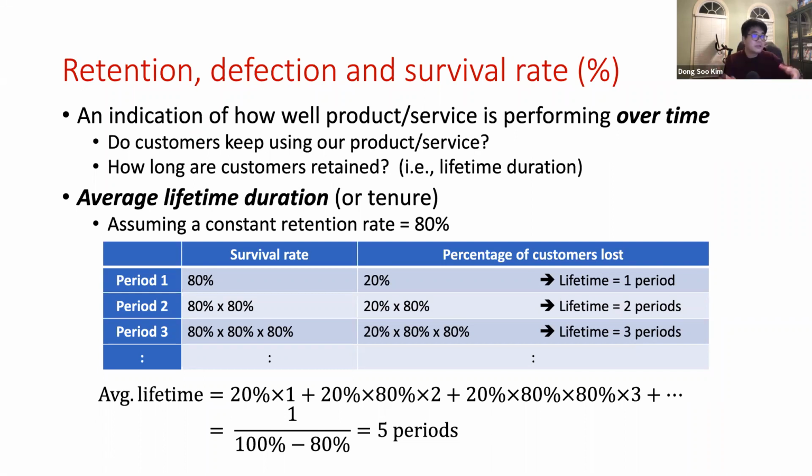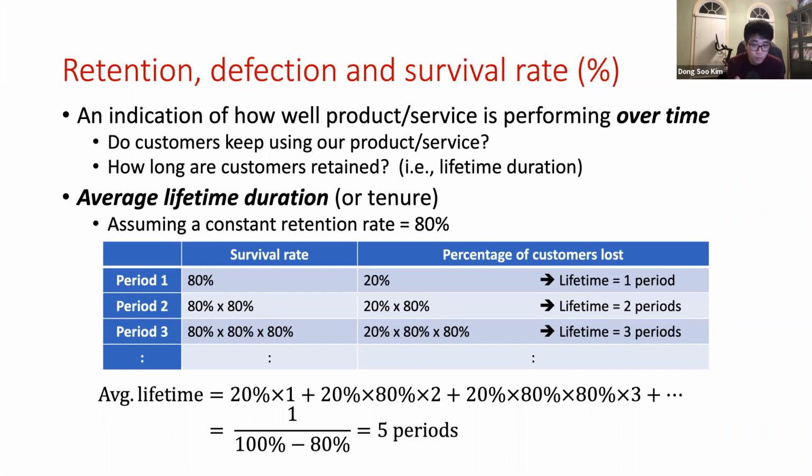And just do this again and again, then we can get the average lifetime duration by calculating the sum of proportion times lifetime. And this simply reduces to 1 over 100% minus the given retention rate. In this case, the retention rate is 80%.